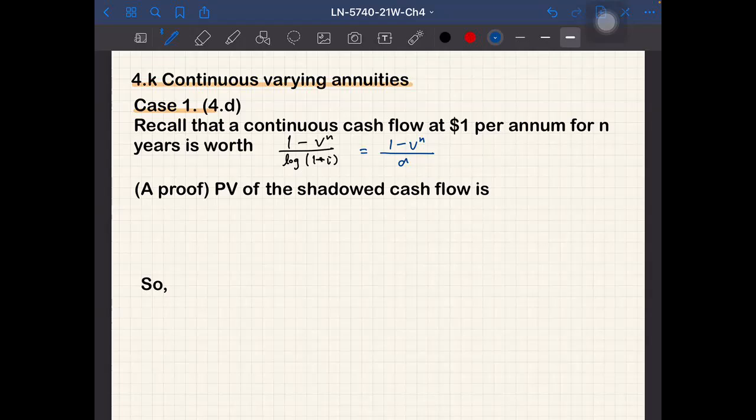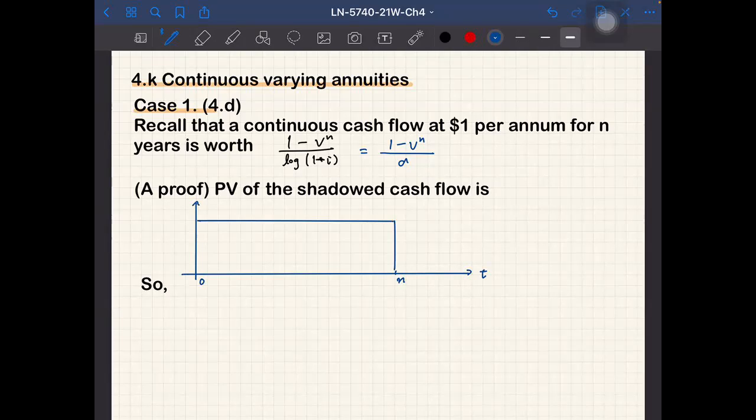That is basically integral calculus, and we use the definition of the integral. We have n years, and basically constant payments over n years, $1 per annum, $1 per year.